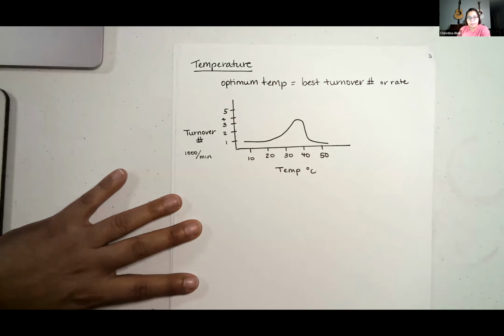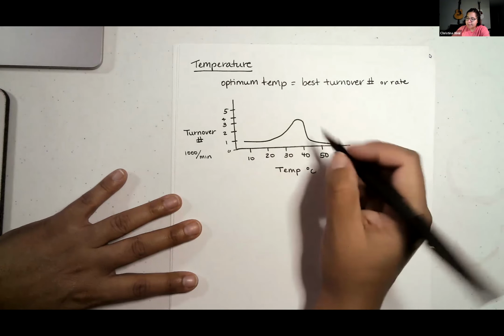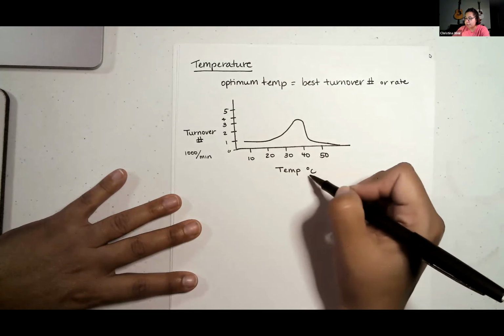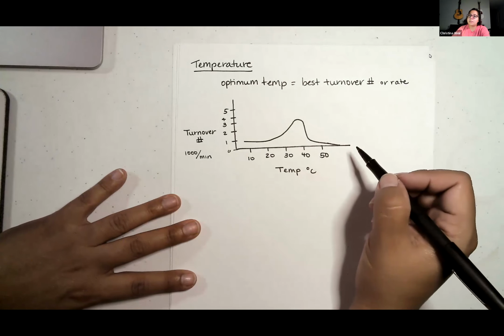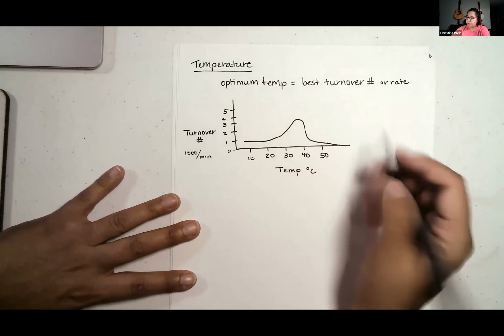Anywhere that we're above zero, zero's right here, you have some activity. So our enzyme has a range where it works of about 10 to 50 degrees Celsius, but it doesn't always work at the same turnover level between 10 and 50 degrees.